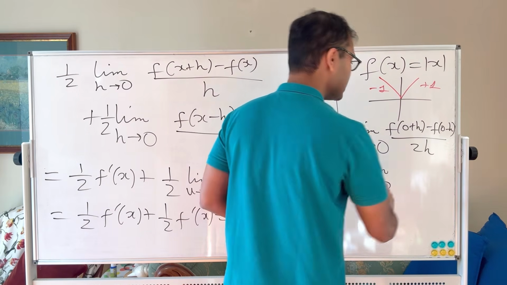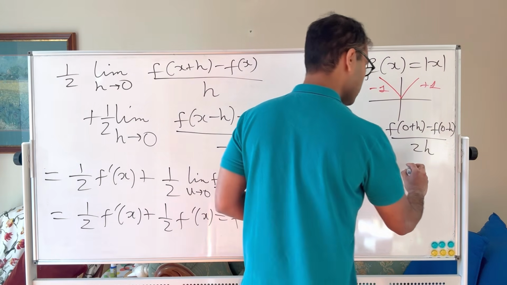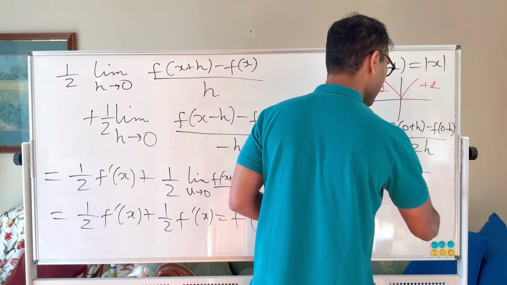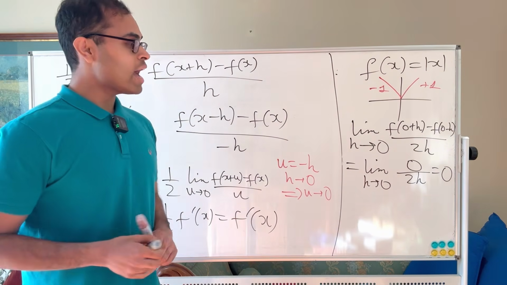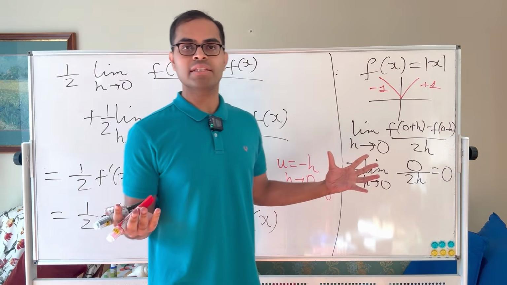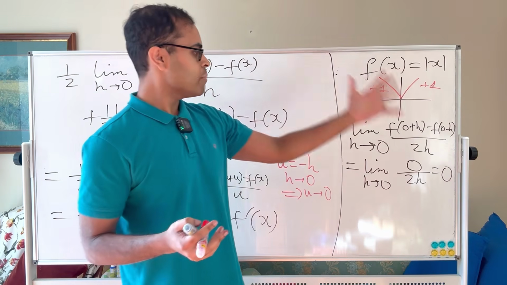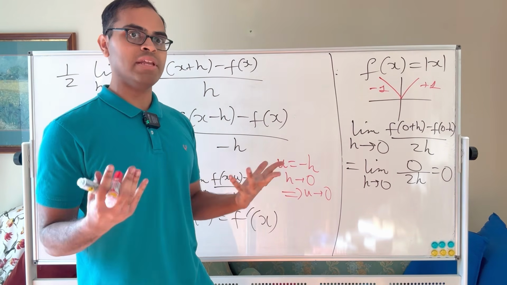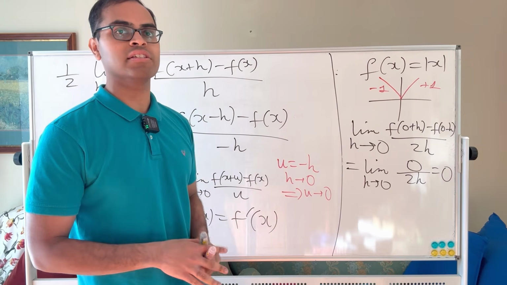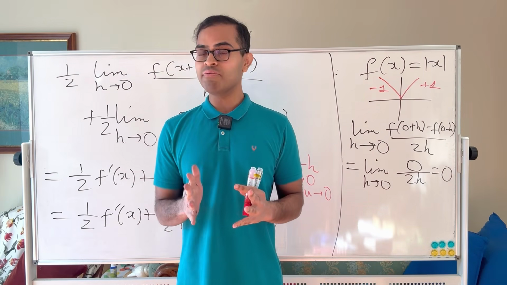So we're just going to get 0 up top and 2h down bottom, which is just 0. That's a limit of 0. And of course that doesn't make sense because f is not differentiable at 0, but this limit still existed. So it's only when f is differentiable at x that the limit exists and is equal to f prime of x for sure.